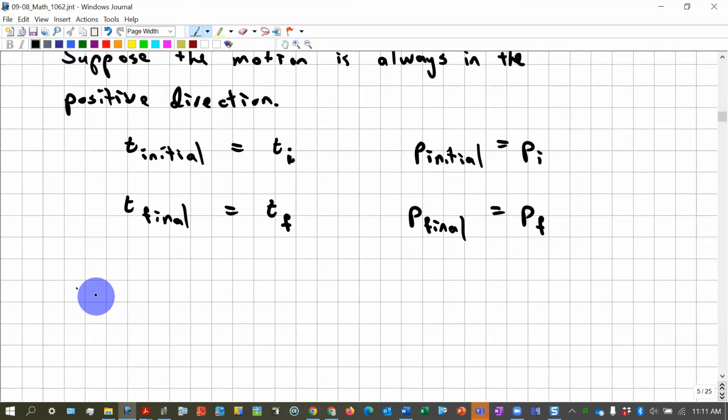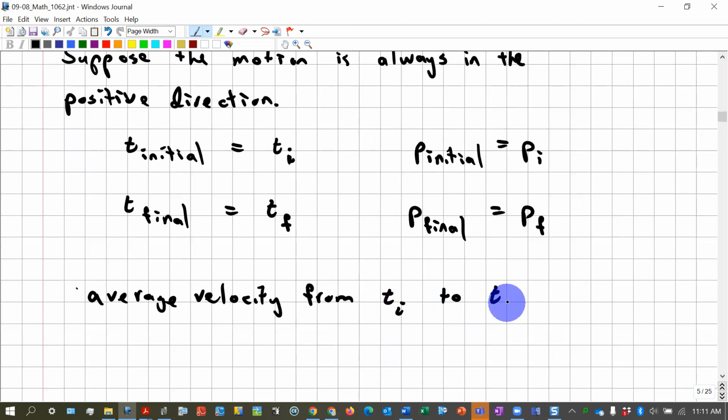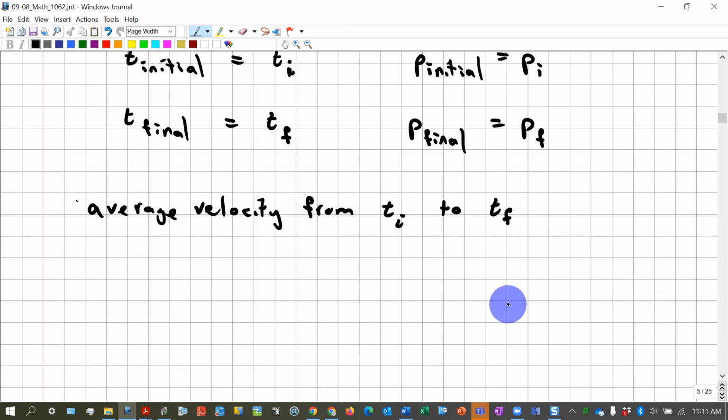And then we will say that the average velocity from the initial time to the final time is P final minus P initial over time final minus time initial.